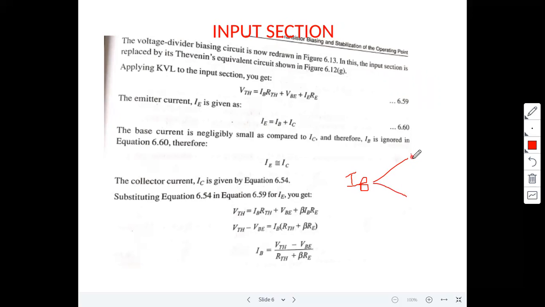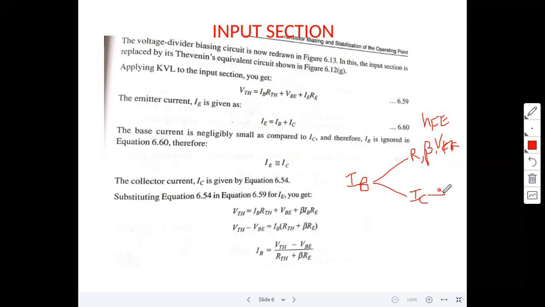One is IB in terms of resistor values, beta or hFE, and voltage levels, that is VCC or some power supply, here the Thevenin voltage. And the second one is IB in terms of IC.